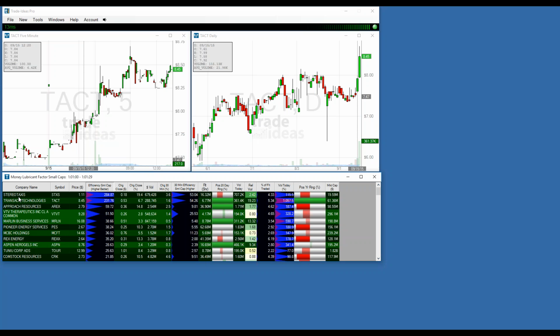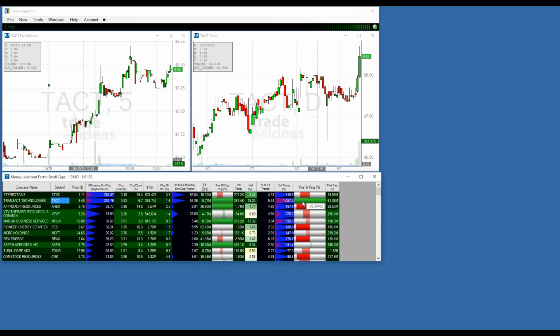Notice also, guys, that very quickly, visually, without even needing to look at a chart, I'm looking over here, and this Transact Technologies, TACT, jumps out at me. Aside from the fact that this is a pretty big number, we're saying it's very efficient, but here's what else we find.